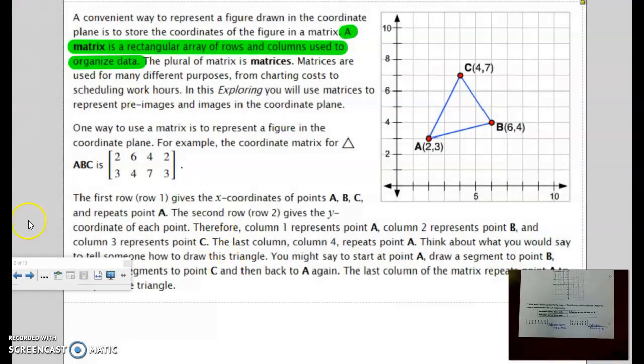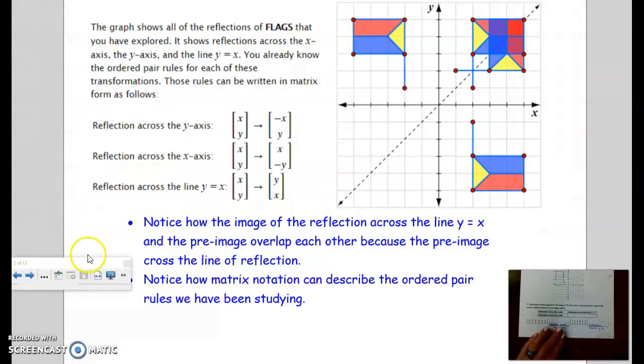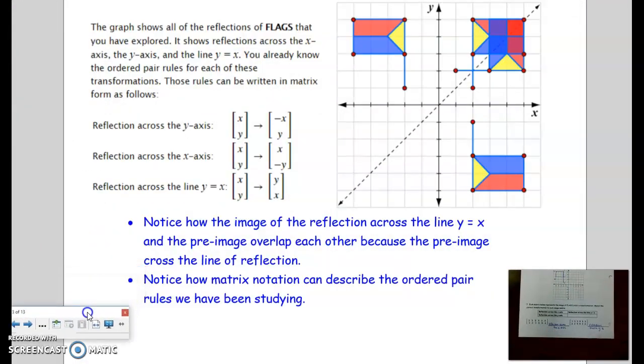Okay, so let's look at writing these rules as a coordinate matrix. So we already know how to write all these reflection rules in an ordered pair rule or in coordinate notation, but here is how those same rules are written as a matrix.